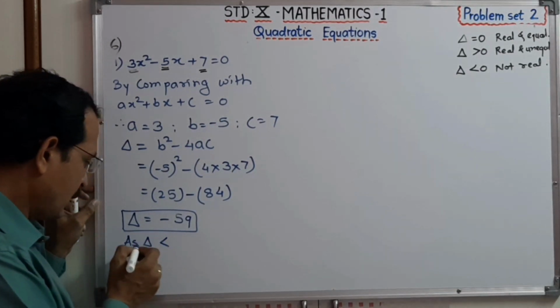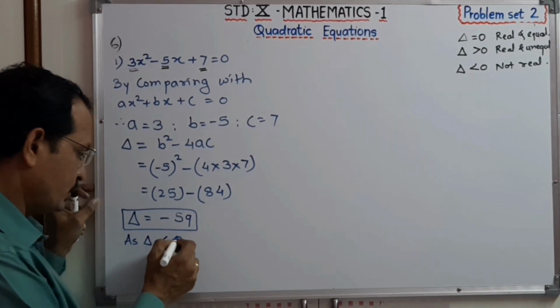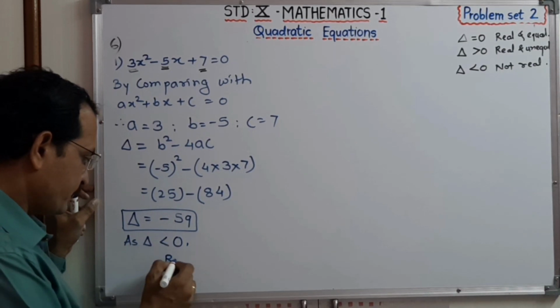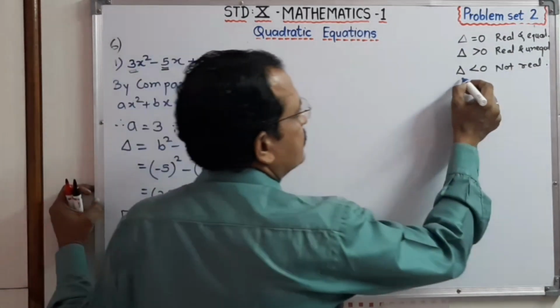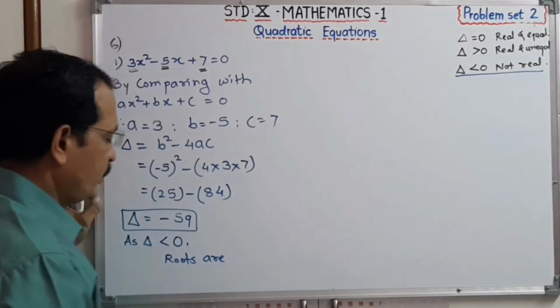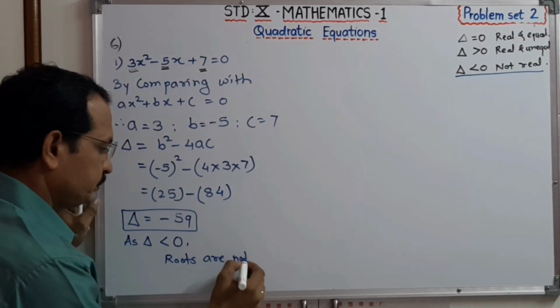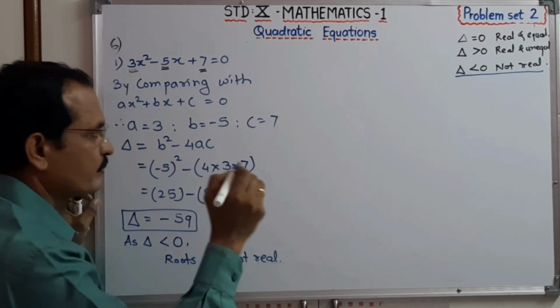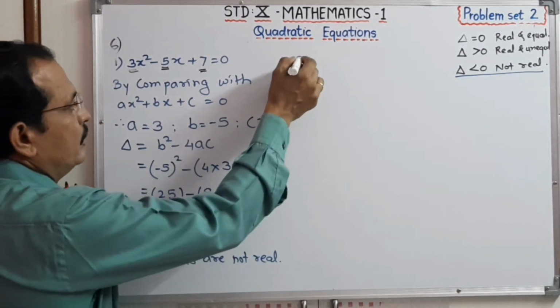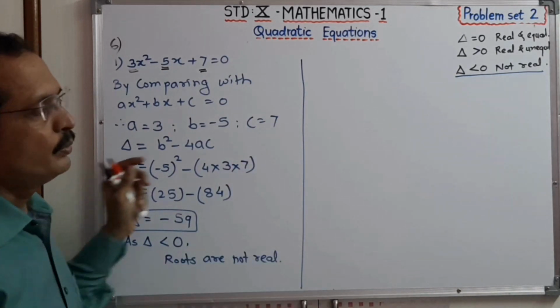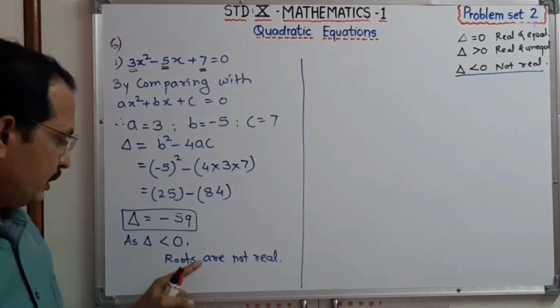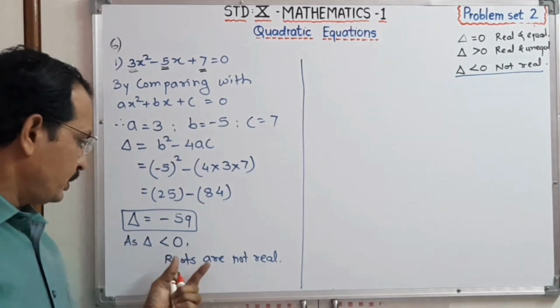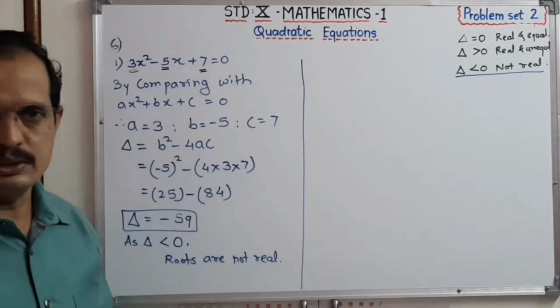Therefore we write here, as delta is less than 0, roots are not real. We have to find out the delta, and delta shows us the nature of the roots.